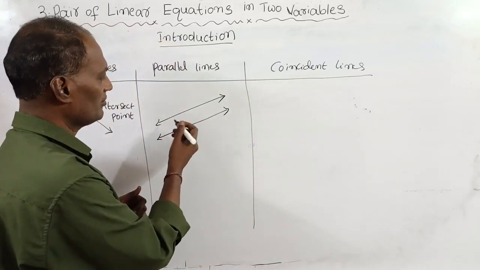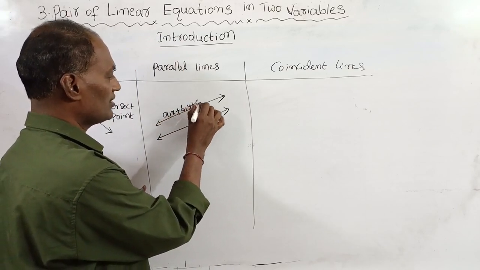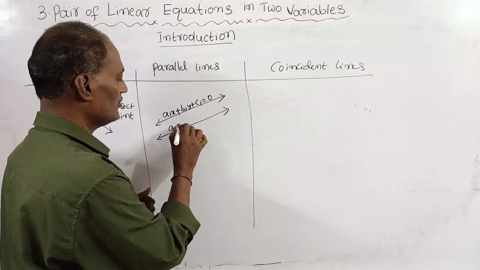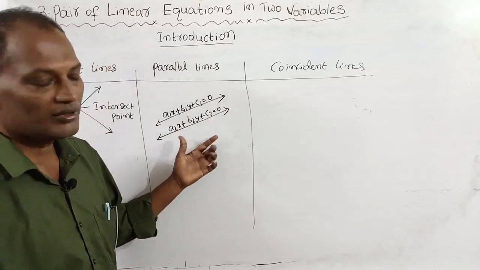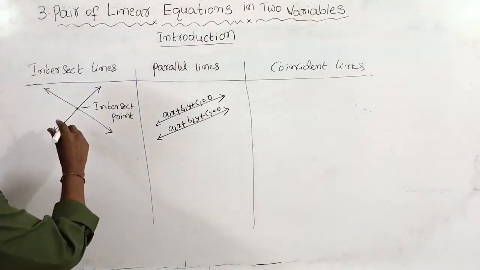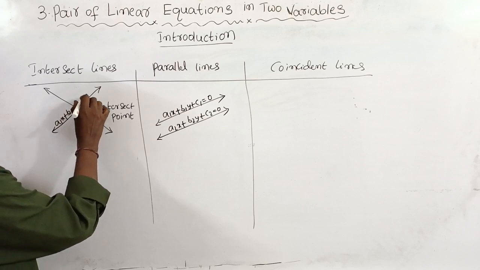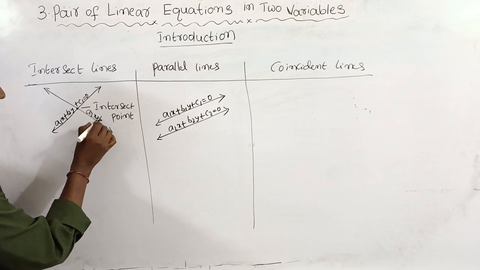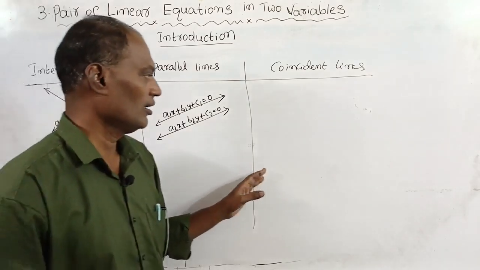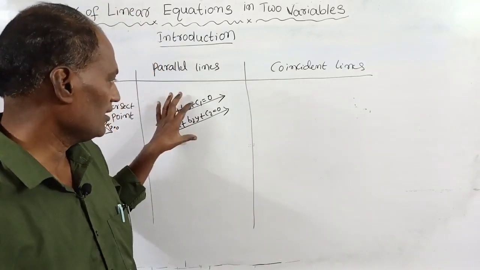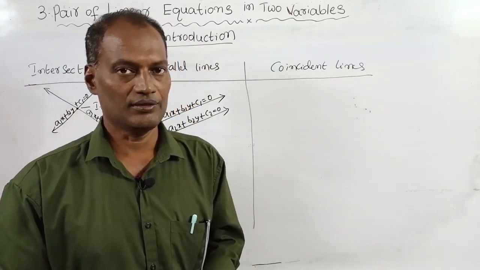We can represent the equations as a1x plus b1y plus c1 equal to 0 and a2x plus b2y plus c2 equal to 0. These are the forms of the linear equations. How to plot the points we can see in the next two videos.